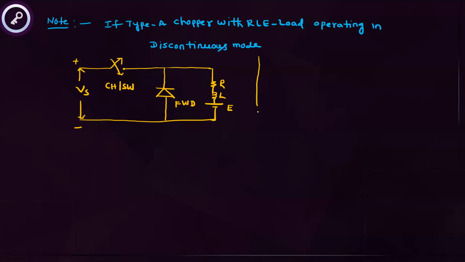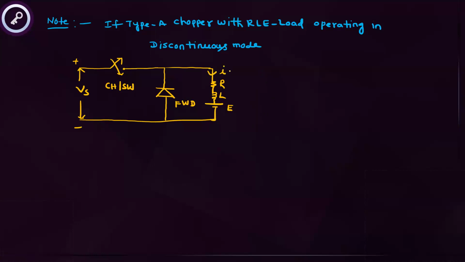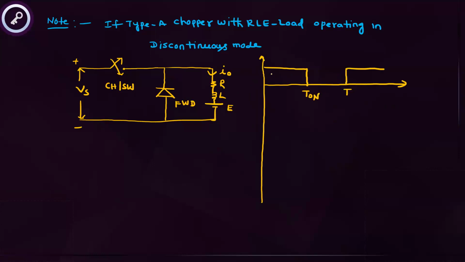If you draw the voltage and current waveform, this is the case of discontinuous mode. I'm drawing the discontinuous mode waveform. Let 0 to T on, the chopper is on. Next the chopper is off. This is chopper on, this is chopper off.